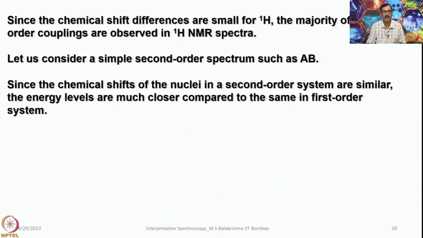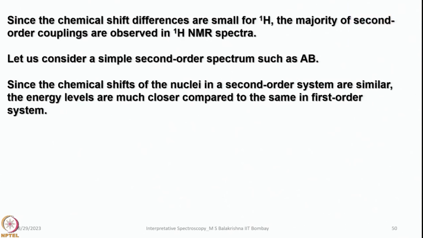Since the chemical shift differences are very small for 1H, the majority of second order couplings are observed in 1H NMR spectra. Here, surrounding the hydrogen we have only one s electron and it is spherically symmetrical, and hence the chemical shift range is very small, 1 to 10 ppm. Only in exceptional cases, where we have coordination compounds with a metal to hydrogen bond, we may come across up to 60 ppm.